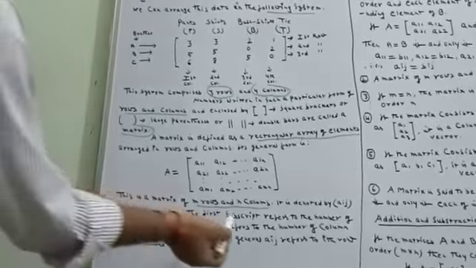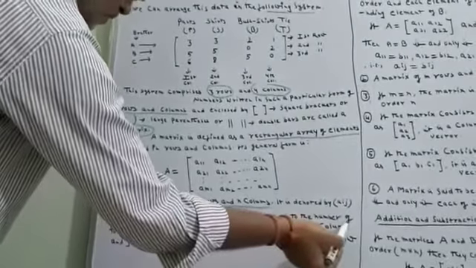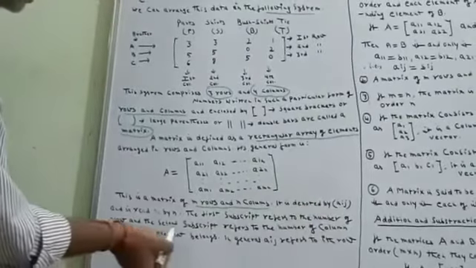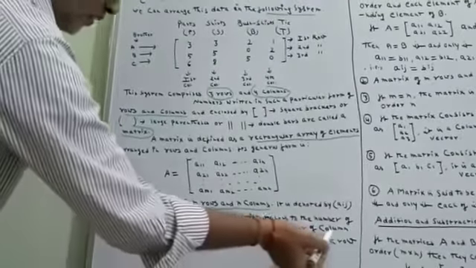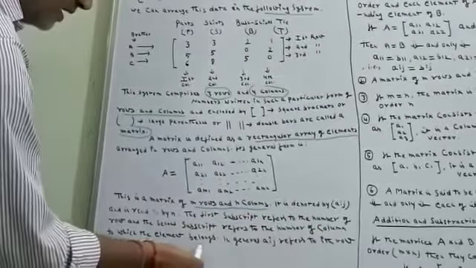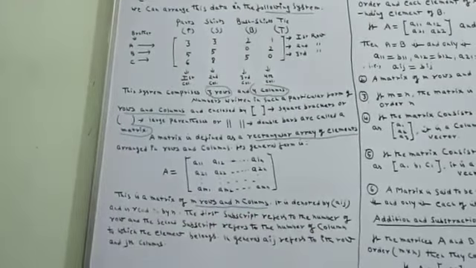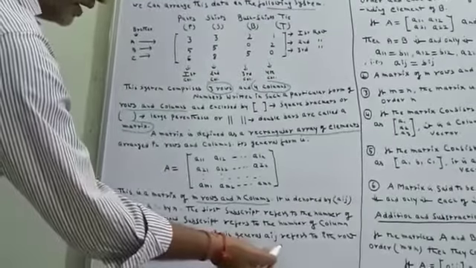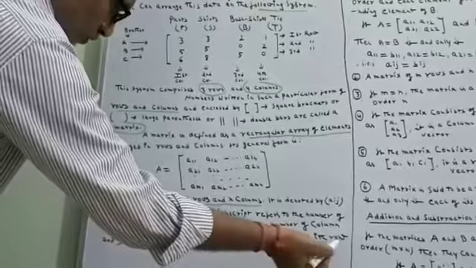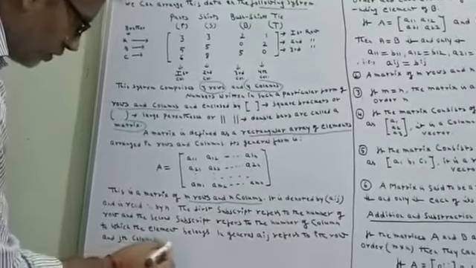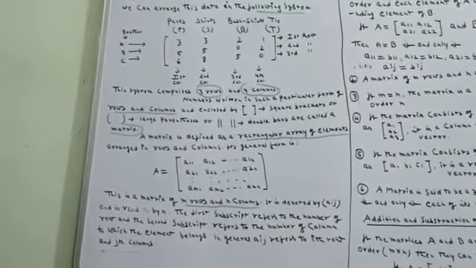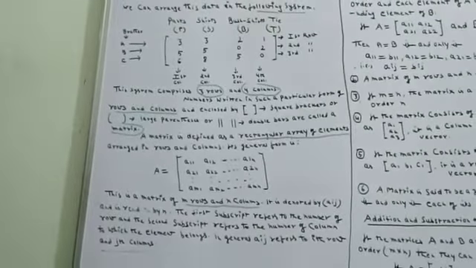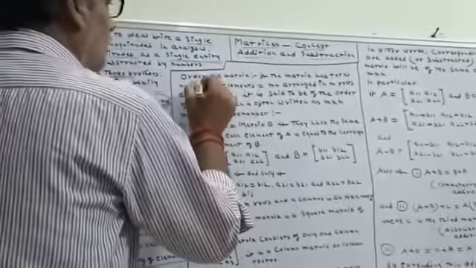The first subscript refers to the number of the row, that is i, and the second subscript refers to the number of the column to which the element belongs. In general, Aij refers to the ith row and jth column. This is the concept of matrices and order of a matrix.